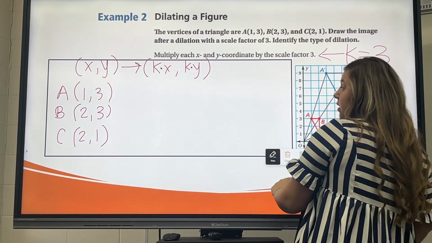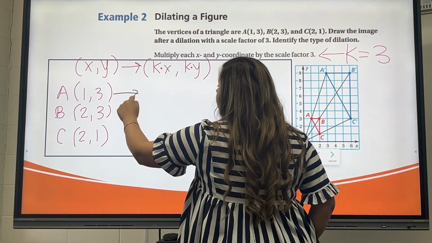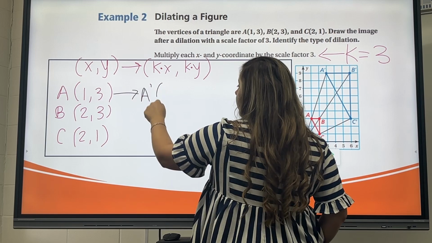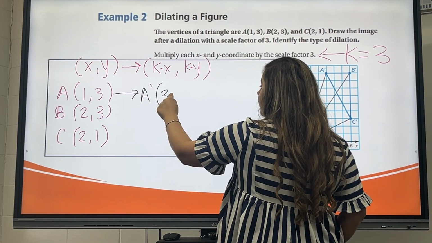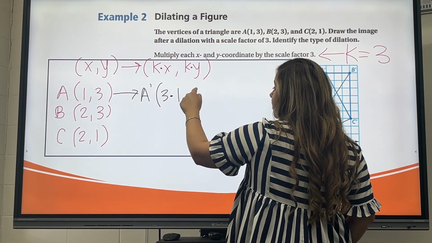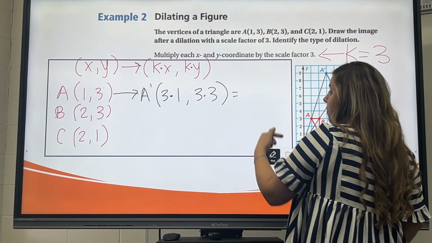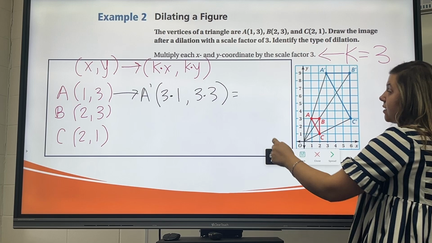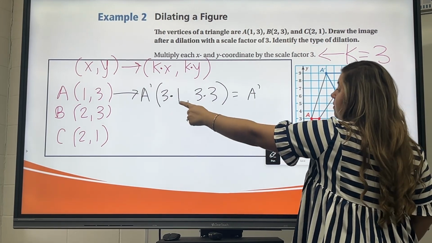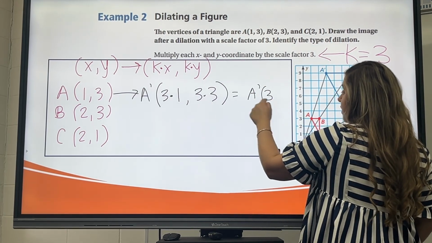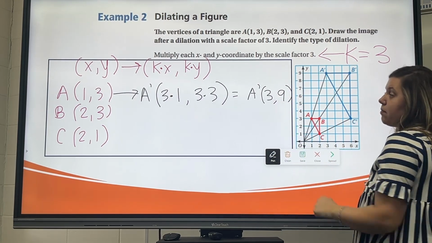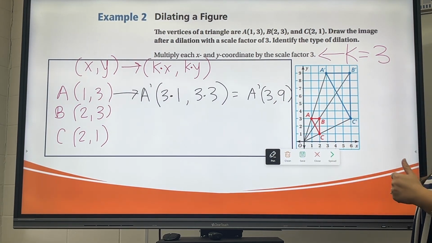So let's do that. My first one here for A prime is going to be 3 times 1 and 3 times 3. Okay, and I'll get my overall A prime point, which is 3 times 1 is 3, and 3 times 3 is 9. This is my new point, (3, 9), okay?